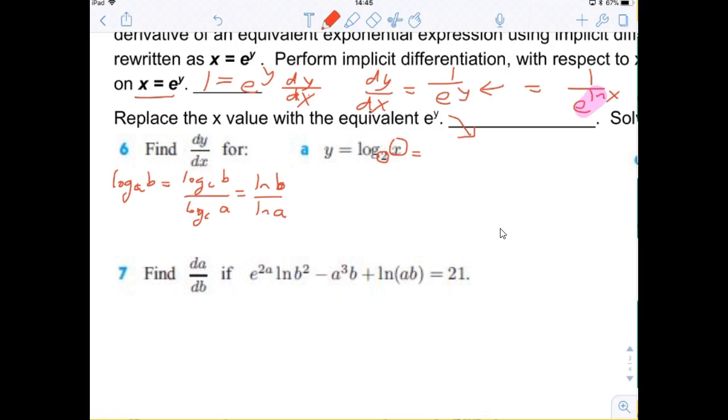That is equal to natural log of x divided by natural log of 2, right? And remember, natural log of 2 is just a number, so that's like a coefficient. If we want to take the derivative, natural log of 2 just stays there because it's a coefficient. The derivative of natural log of x is 1 over x. So basically we have 1 over x times 1 over natural log of 2.